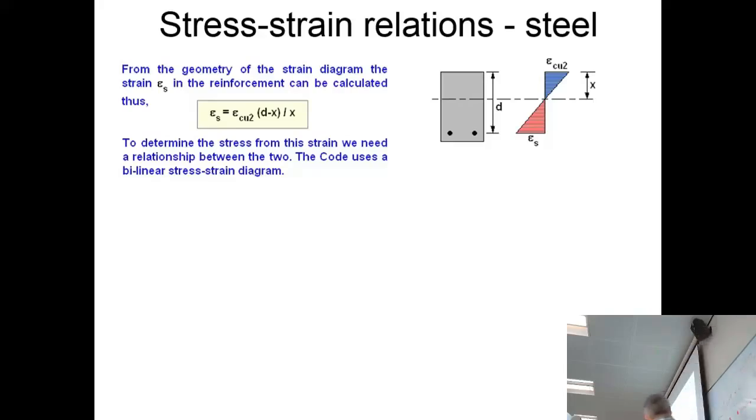So where you have the stress and the strain, if you've got epsilon steel divided by d minus x, that equals epsilon cu2 over x. So it's just that formula is similar triangles.